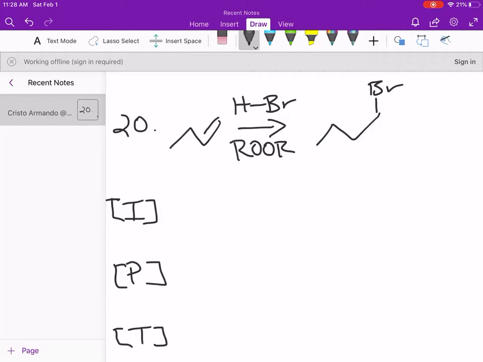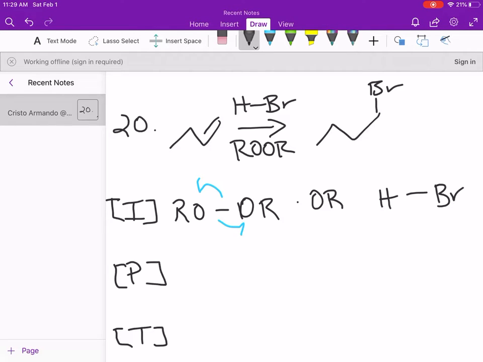So we can draw those out. And then we can have this ROOR homolytic cleavage first to give us this product, right? And then we have the HBr here.